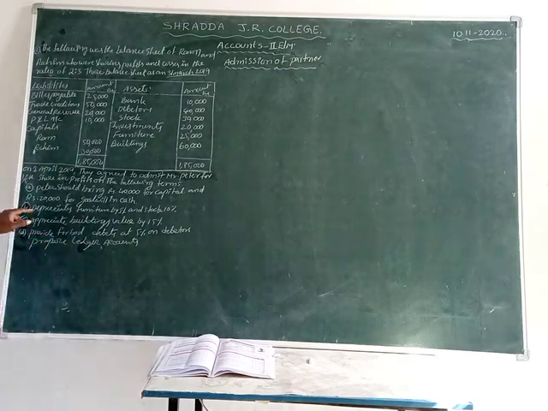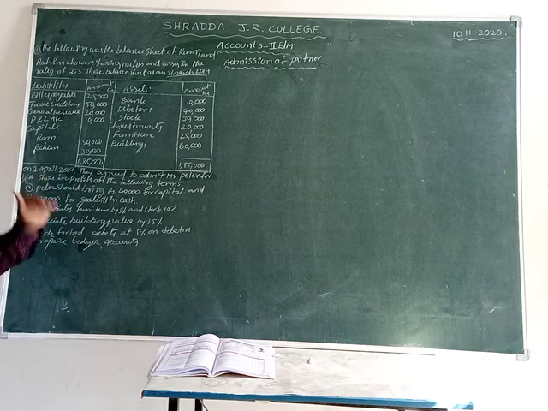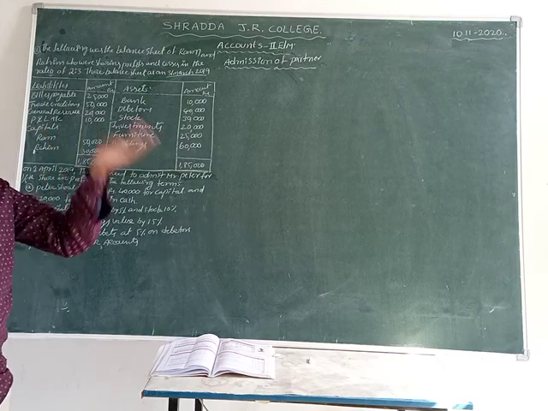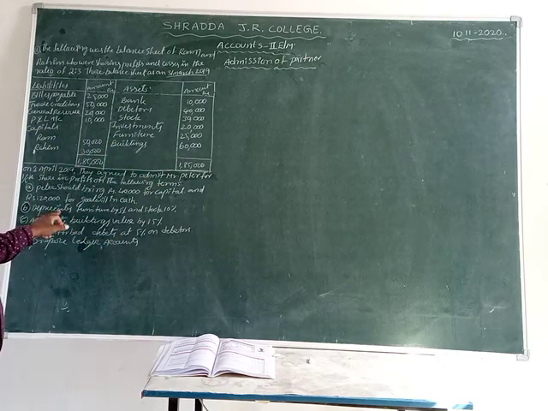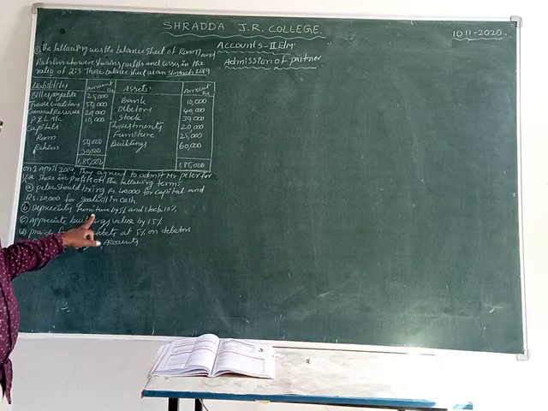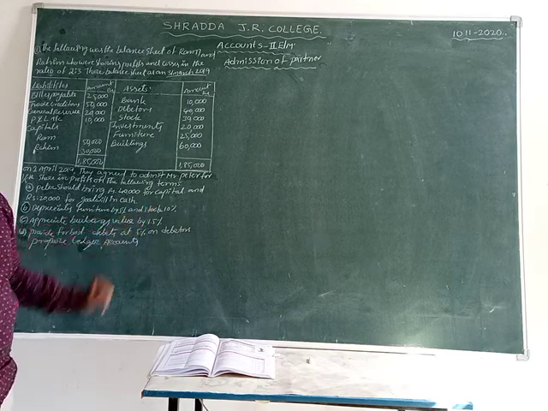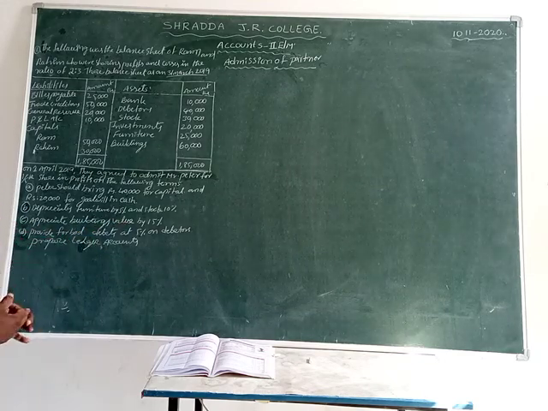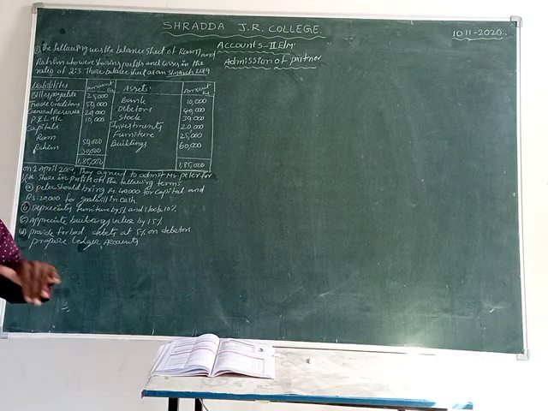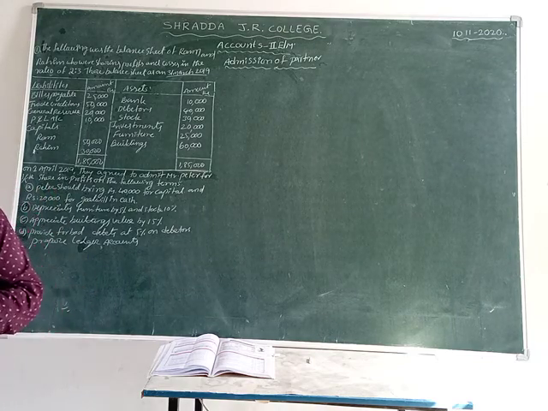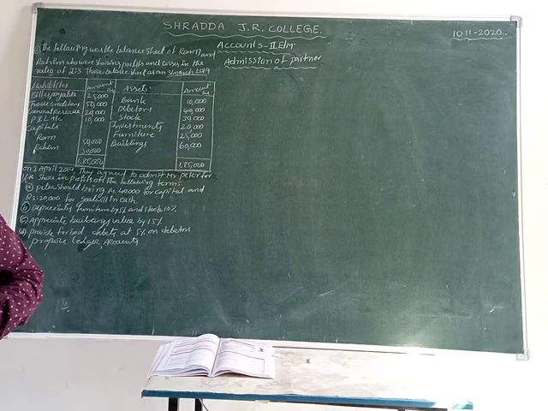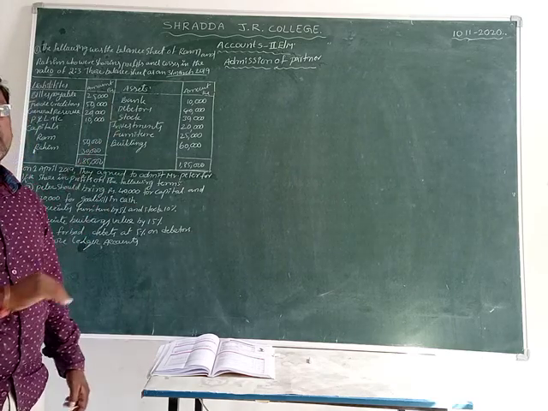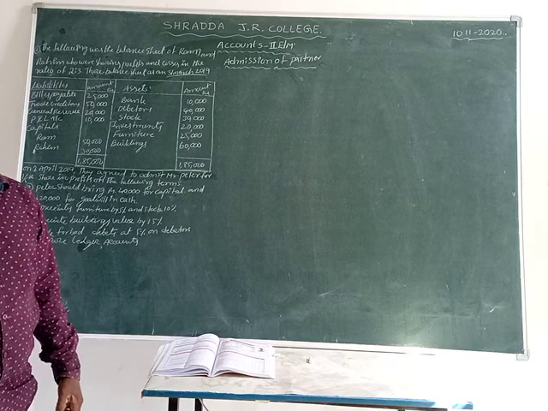Okay, students. At the time of admission, some asset values decrease and some increase. Here the decreases are depreciation on furniture by 5% and stock by 10%, and the appreciation is building value by 15%. These increases and decreases in asset values we record only in the revaluation account. In the revaluation account, an increase in asset value is recorded on the credit side, and a decrease in asset value is recorded on the debit side.